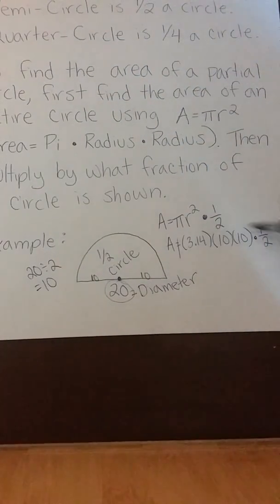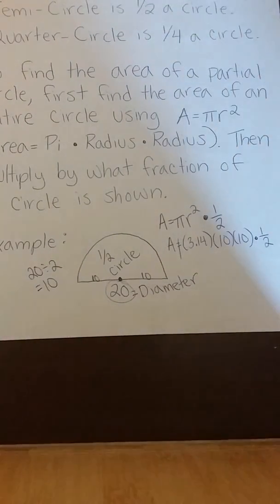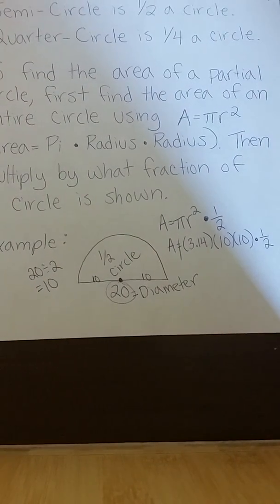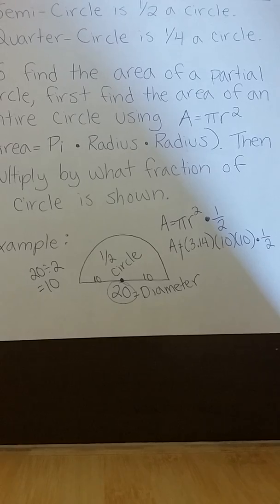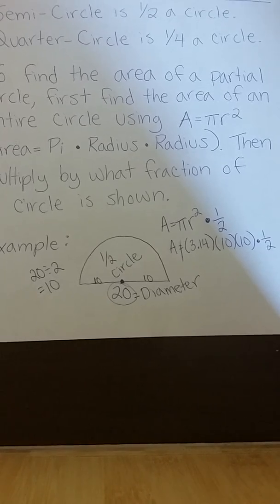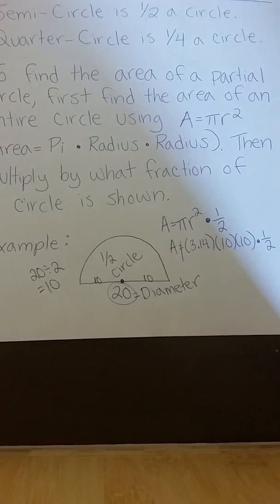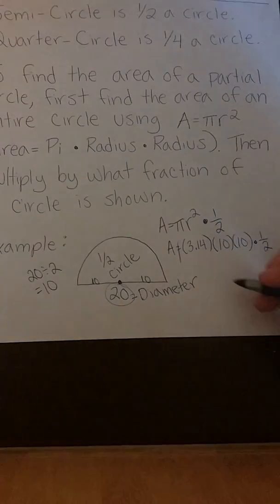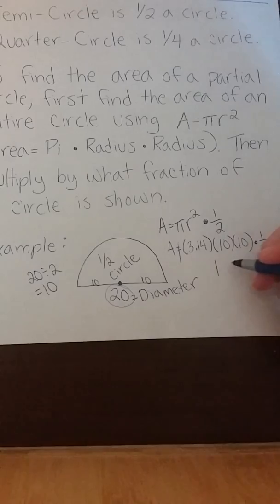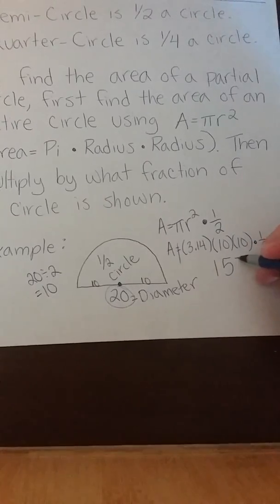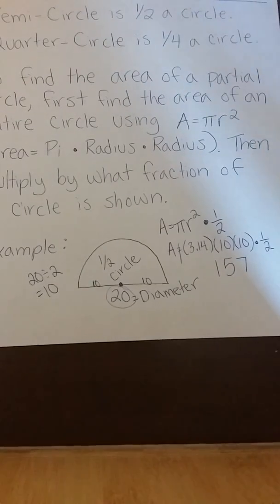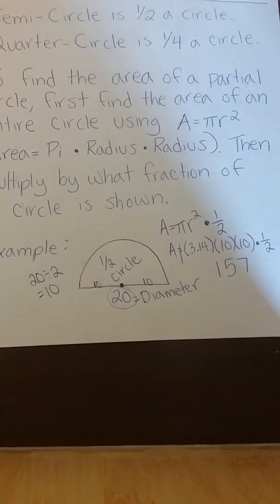So we're just going to multiply that. We're going to do 3.14 times 10 times 10, because that's radius times radius, and then times 1/2. And when you put that all in your calculator, you get 157. So the area of this semicircle, or this half a circle, is 157.